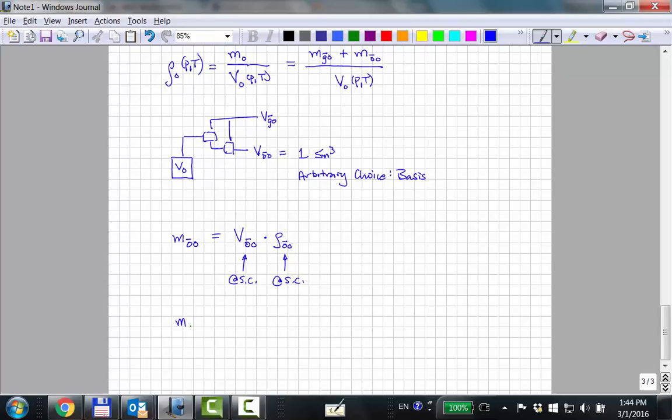The mass of the surface gas coming from the reservoir oil is the volume of that surface gas coming from the oil times the density of that surface gas coming from the oil. Again, these are all at standard conditions.